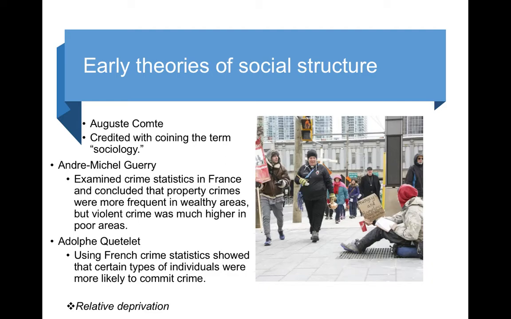There were problems associated with fast urbanization, when everyone was moving from the farmlands into the cities, and from the shift in economics. This led to a drastic change in basic social structures, not only in Europe but also in the United States. So the first theorist we're going to discuss is Auguste Comte.